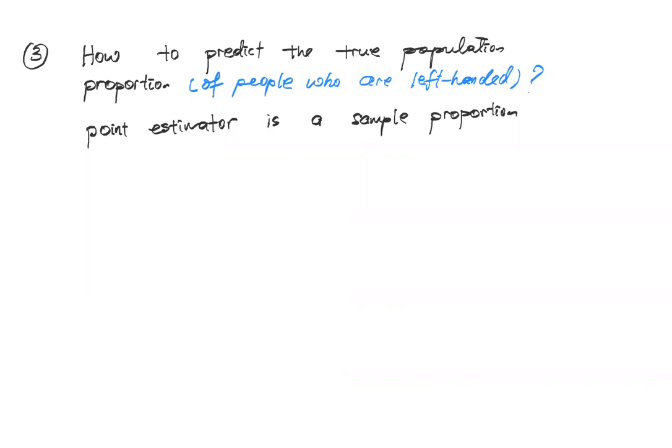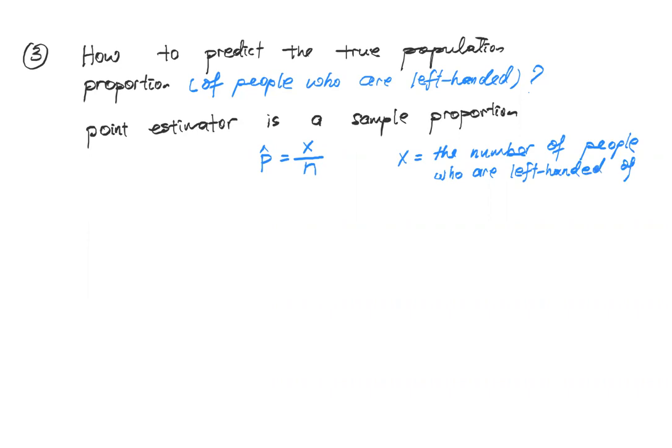And in this case, our sample proportion that we use will be equal to, we always put X over N. X is the number of people who are left-handed out of 100 people.